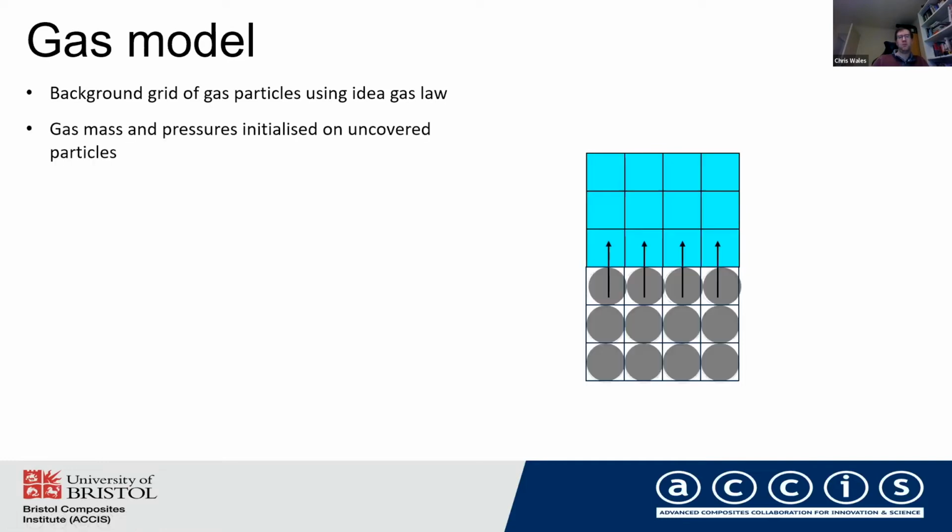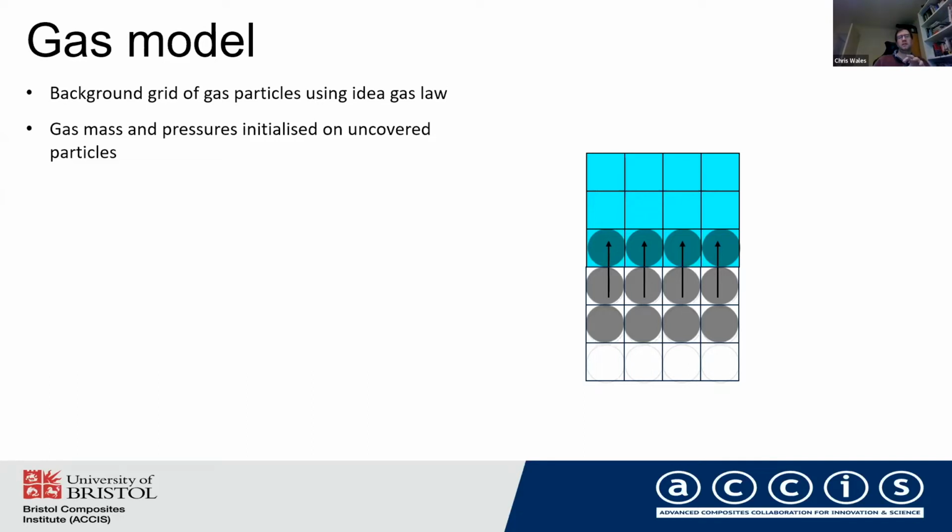Then we move the SPH particles over them. And then if the gas cell is partially filled, we just change the density by the change of effectively volume fill of that cell. If a cell becomes completely covered, we move that gas mass into the neighboring gas cell.